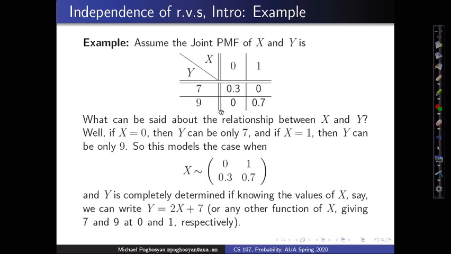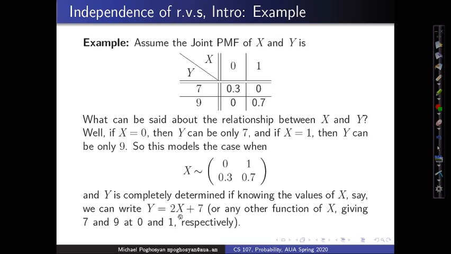We can write this in the following way. Say x is taking two values 0, 1 with probabilities 0.3, 0.7, and y is given through the formula 2x plus 7. If x is 0, then y is 7. If x is 1, then y is 9, and we have this joint PMF.